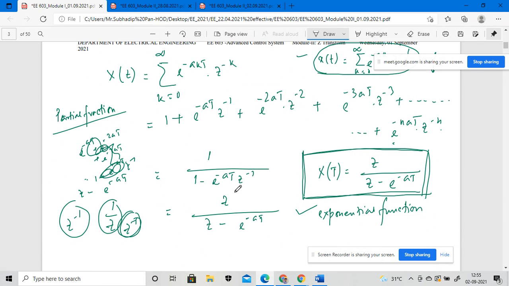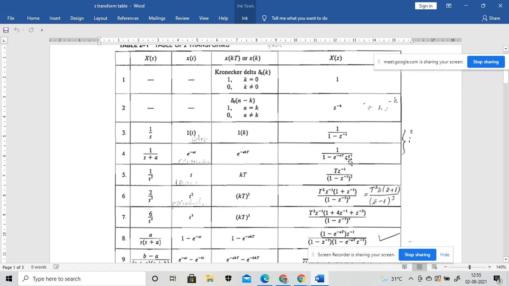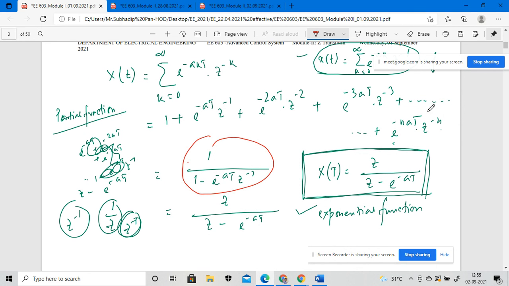That means 1 divided by this term. See this term. The same thing we will see in this part, right? That means we are finding these things after doing the partial fraction. If we memorize this equation, you can directly apply it if any such kind of function will be there.